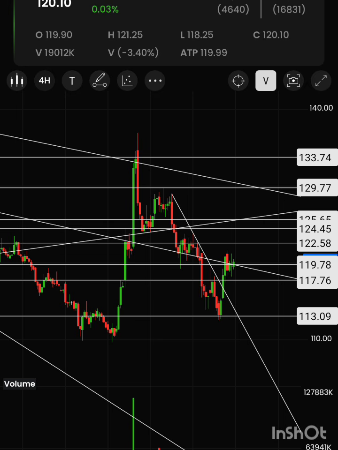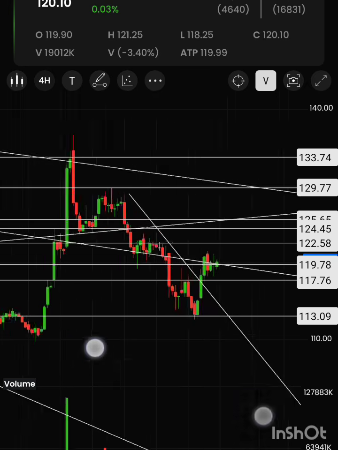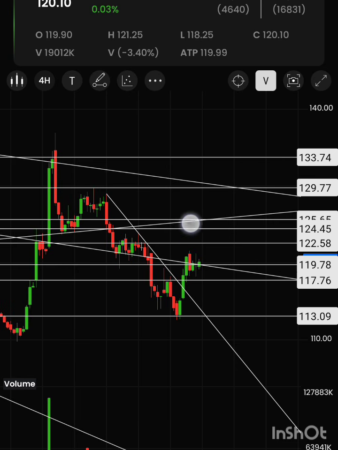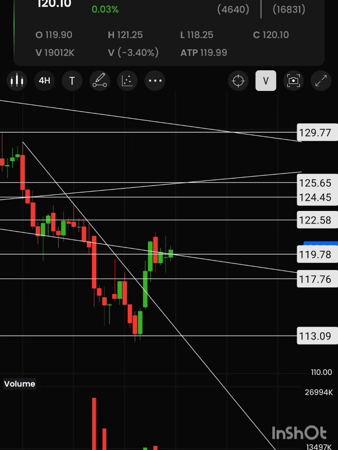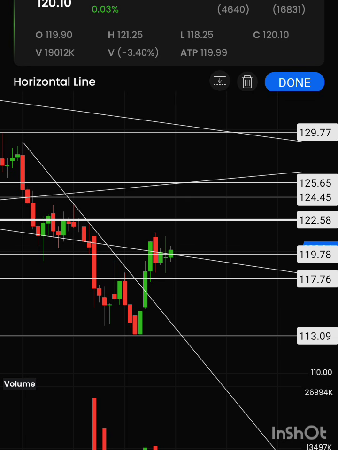Then it comes to the railway side, the IRFC stock. It's forming an inverted head and shoulder pattern. So there is a resistance here at 122.5 range. Once we cross above this, then you can take a position here for 124.4 to 125.6 range.